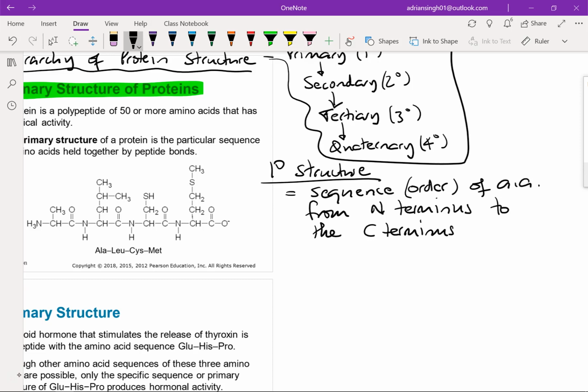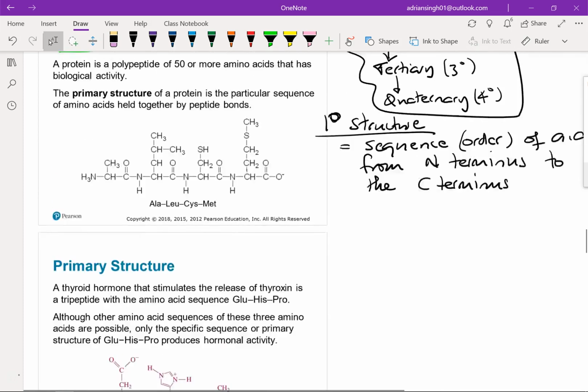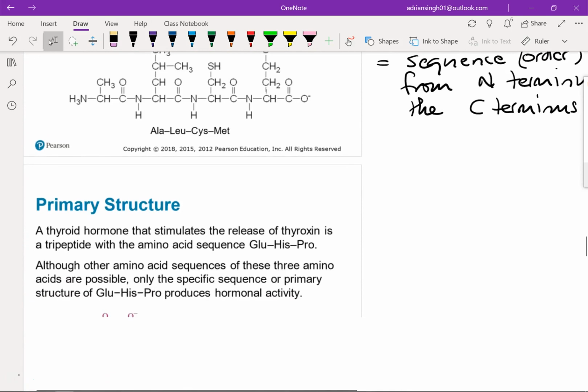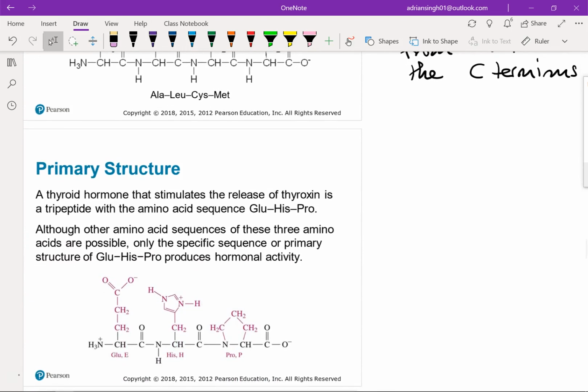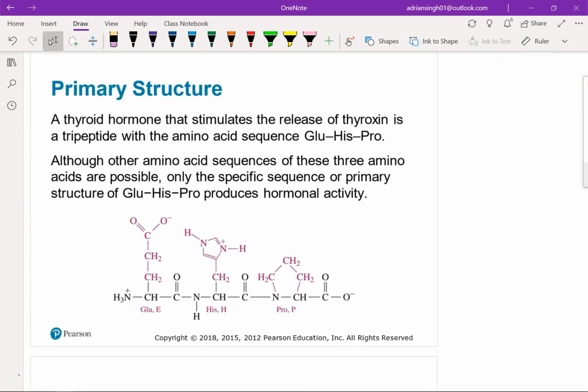All right, so if you just list the amino acids in that order, that is what the primary structure actually is. Let's focus in on the one underneath. If we take a look at a fairly simple example, this would be a tripeptide made up of glutamate, histidine, and proline.